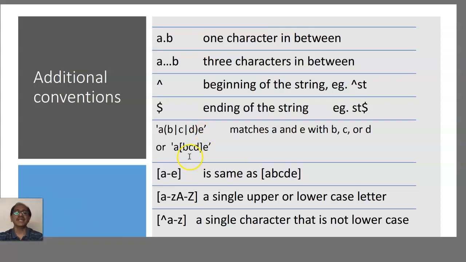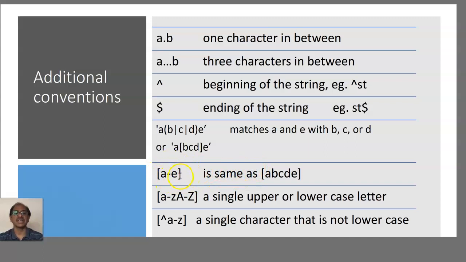And another very interesting expression is in square brackets. If we say a to e, it means the same as a, b, c, d, e. That means either a or b or c or d or e. Right? In square brackets, what we said is a kind of disjunction. So instead of writing a, b, c, d, e in square brackets, you can just say a to e. It will match any of those characters and give the result.